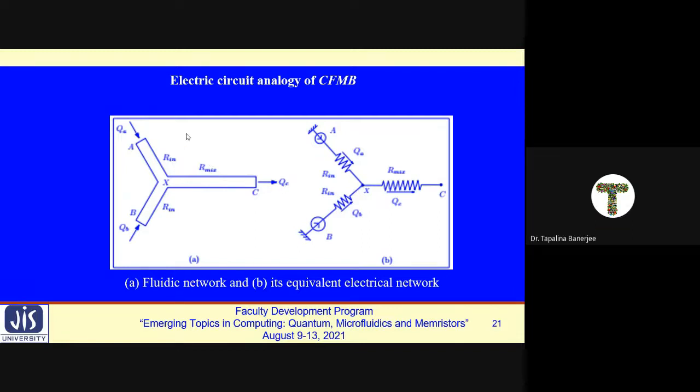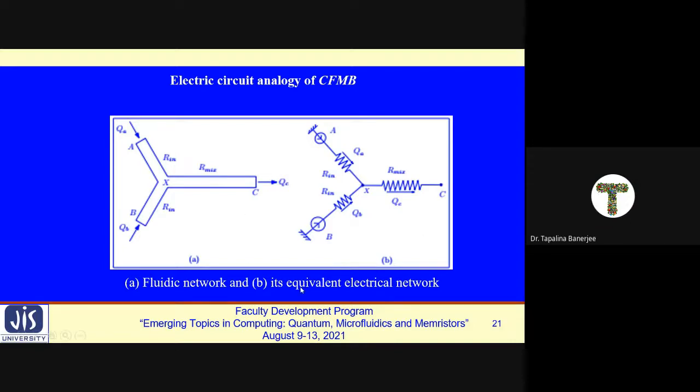So see, if we change the width or the height, then obviously it will affect the resistance, right? And this will change the fluid flow rate. Also, whenever there are different types of mixing patterns at the mixing channel, there is a possibility of different mixing ratios based on this hydraulic resistance. Right? Okay. Oh, thank you.